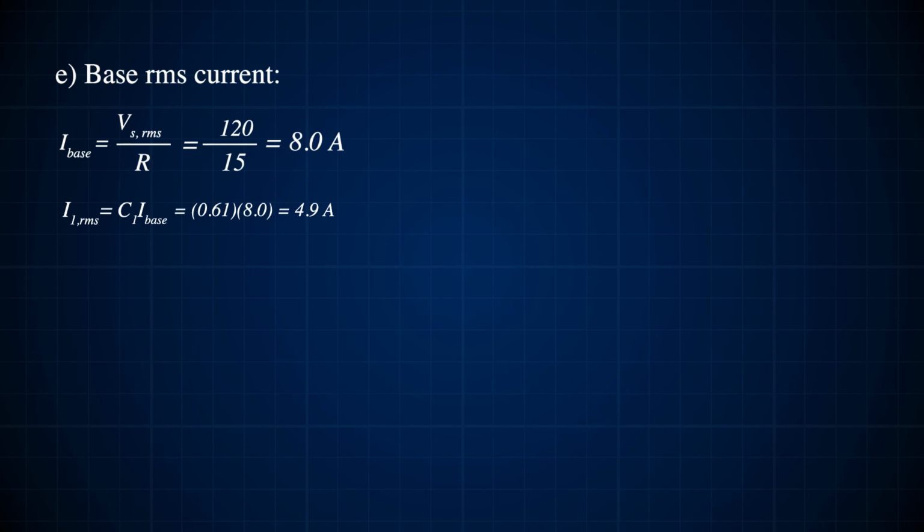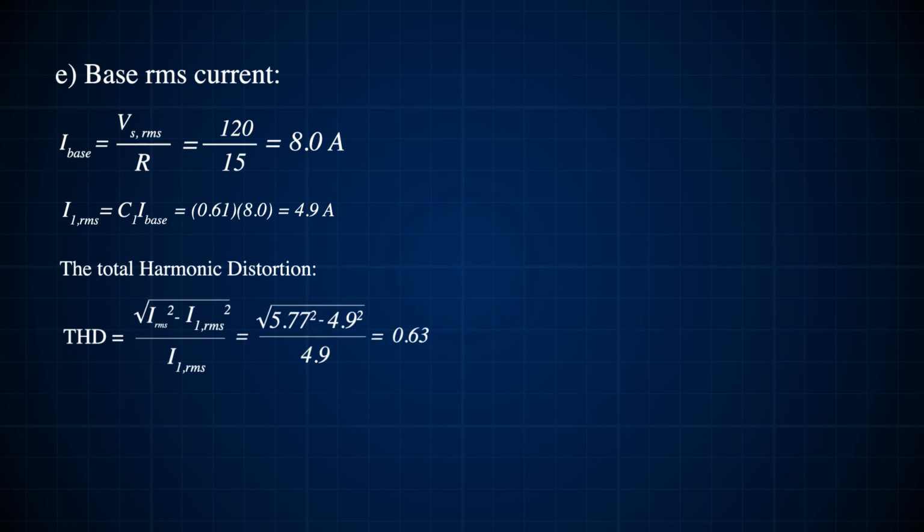And so 8.0 times 0.61 gives us 4.9. Now back to the THD equation. When we substitute all our values in there, we get the square root of 5.77 squared minus 4.9 squared, all divided by 4.9, which gives us 0.63 or 63%, which is the total harmonic distortion. That's it for this question.